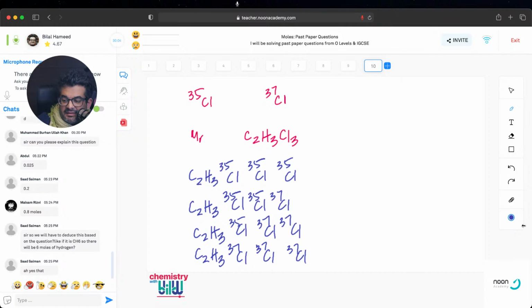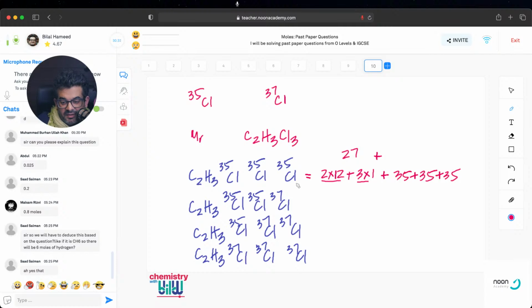Now if you do the math, what does 3 35s come out to? Well, you got 2 carbons and 3 hydrogens, and 3 chlorines, 35, 35 and 35. When you add this up, that's 24 plus 3 is 27, plus the 3 chlorines, so 35 plus 35 plus 35 plus 24 plus 3.